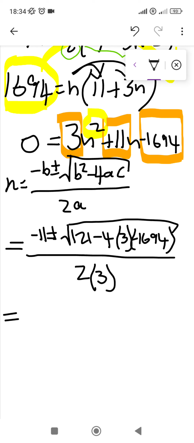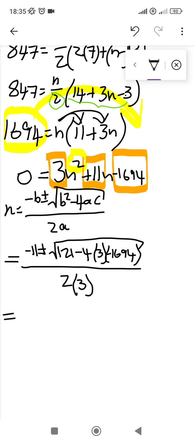All right, so let's take a second and put all of that into our calculator. And we get one of our values, which is negative 77 divided by 3.